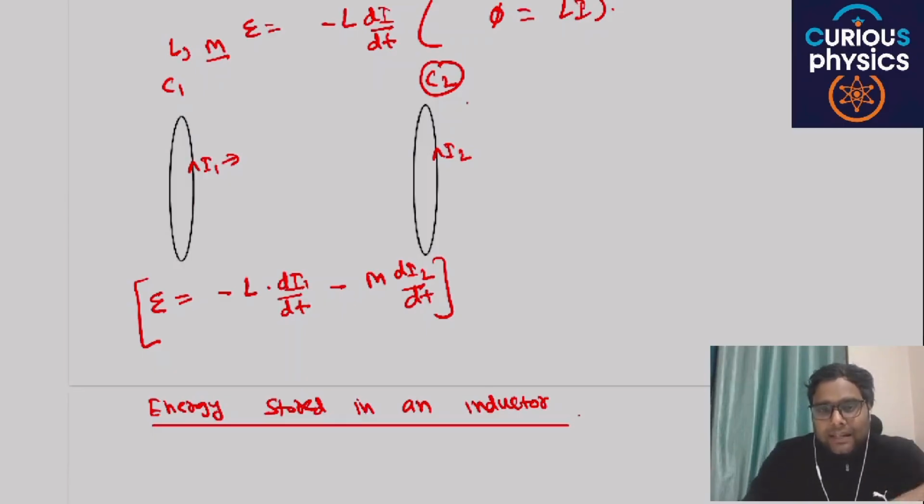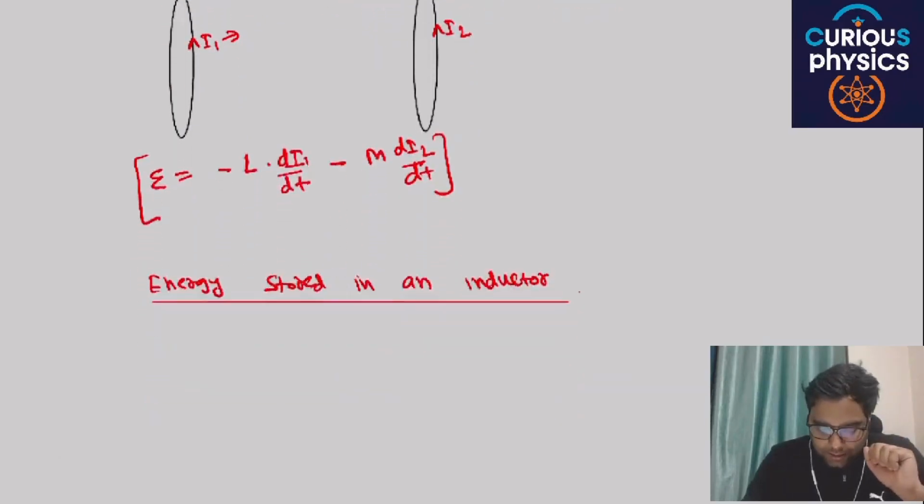If you don't apply that external work, then I1 will decrease, because the induced EMF will try to produce a current opposite to the direction of I1. To maintain the value of I1, you have to apply external work. That external work done is stored in the form of potential energy, or energy stored in an inductor.